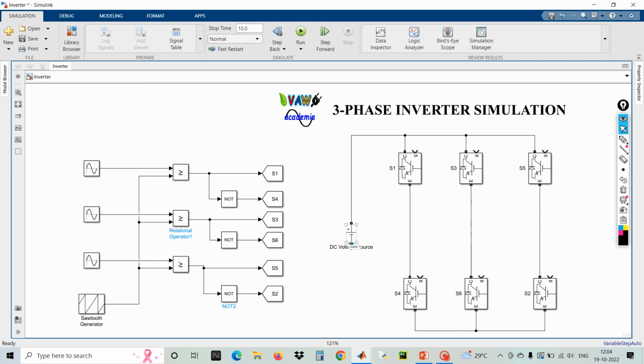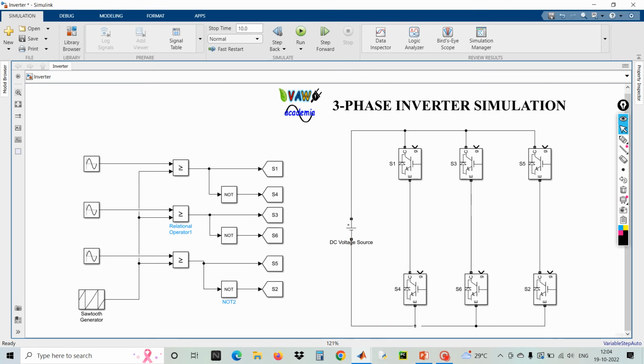So now the input is given here. So this is your simple inverter circuit. You can trigger the switches by means of these gate pulses.